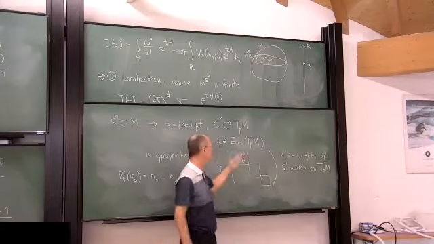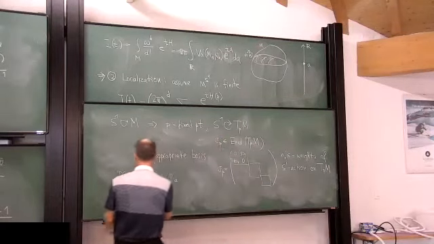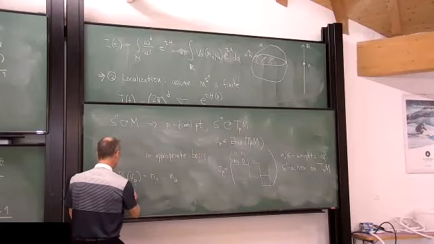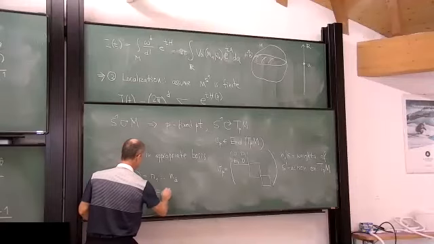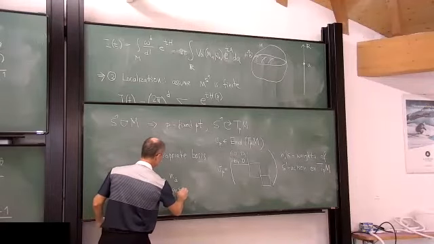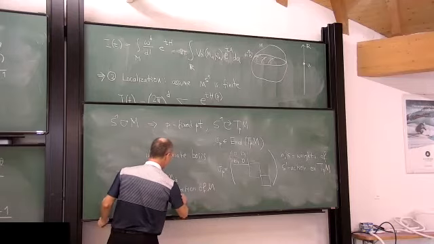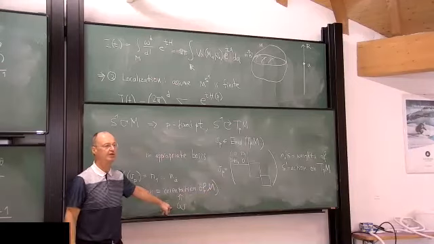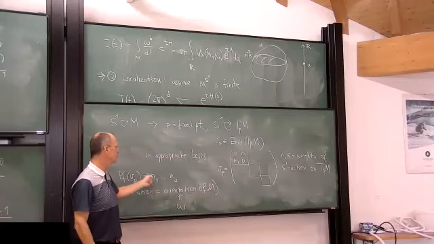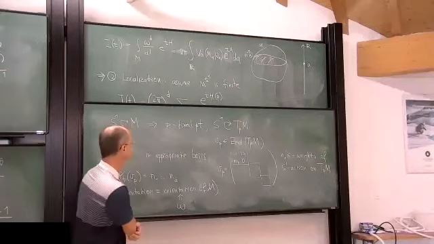This means the orientation of the whole thing, and you want this orientation to be equal to the orientation of M, which, as we discussed, is canonically defined by the symplectic form. So this tells you how to choose the sign.